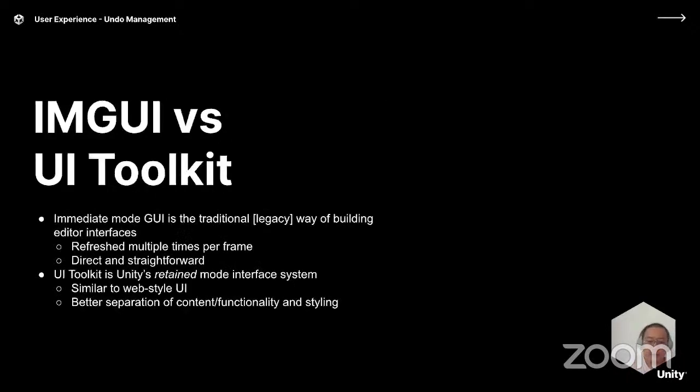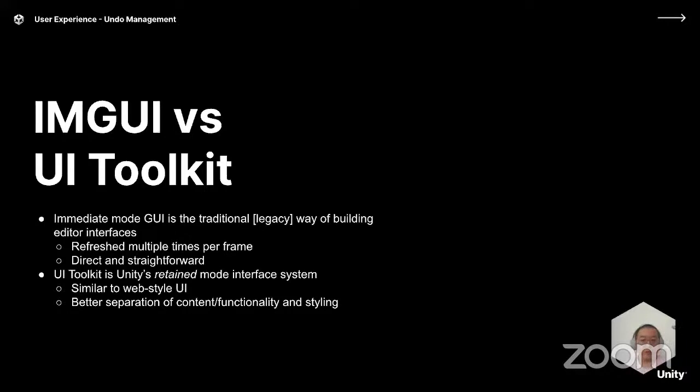One thing here is we have essentially two ways to do editor scripting. One is the legacy version, which is IMGUI, immediate mode, and the new version, which is UI Toolkit, or UI Elements. Now, immediate mode GUI is the traditional legacy way of building editor interfaces.